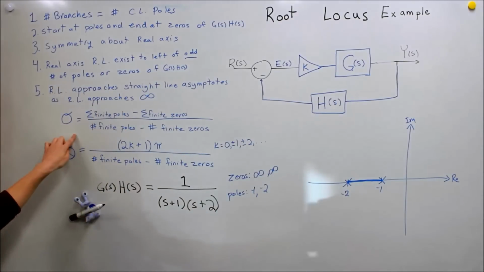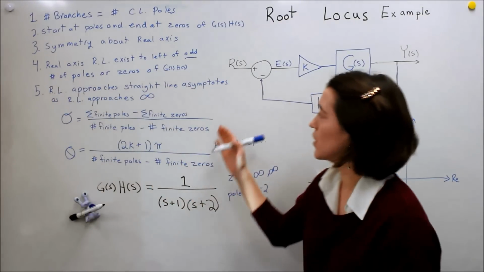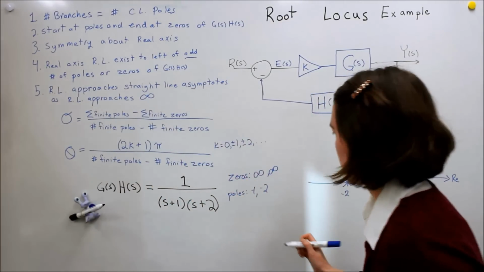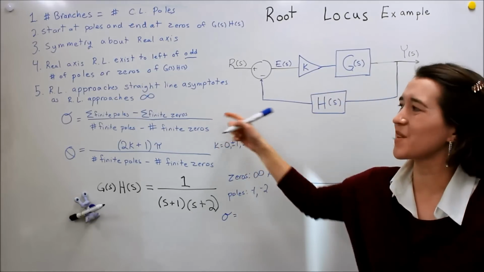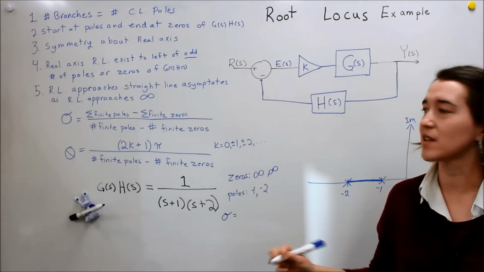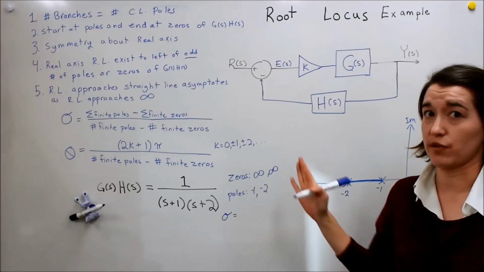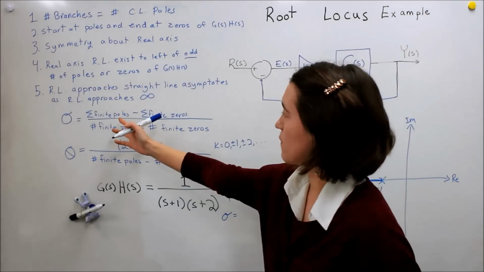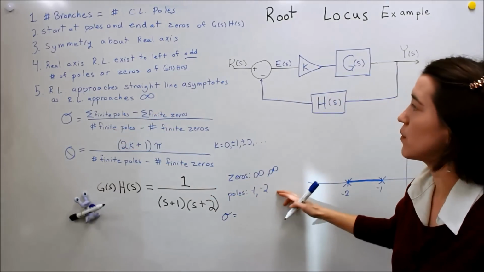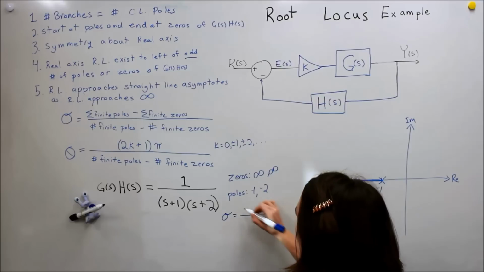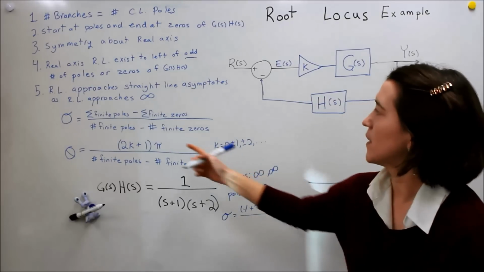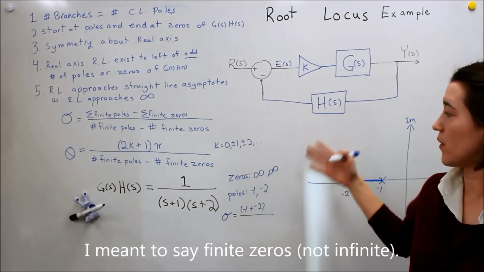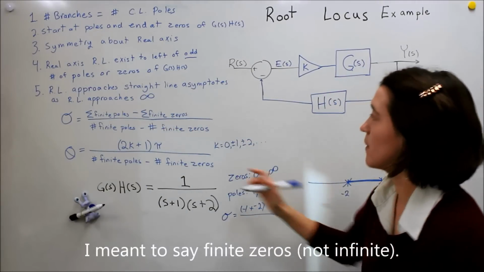To figure that out, we have to look at these 2 equations. Let's write them down. First, we have to find sigma. This is the point on the real axis where our asymptotes will start. We look at our finite poles, we take the sum of them, so -1 plus -2. Minus our infinite zeros, there are none, so we don't write anything.